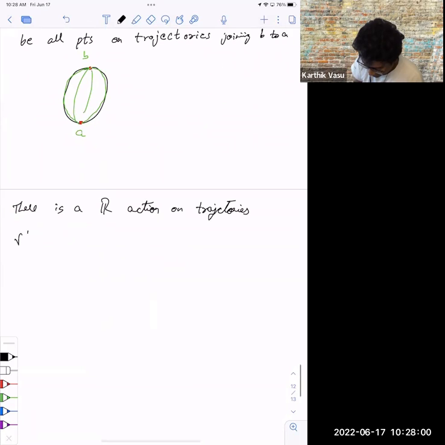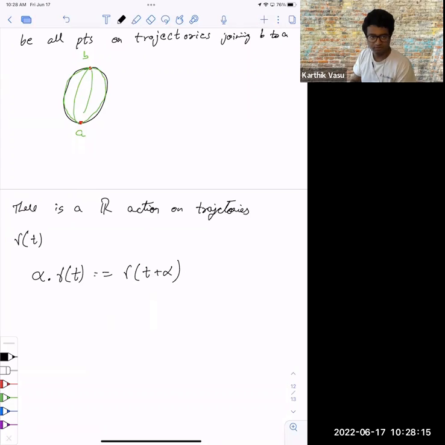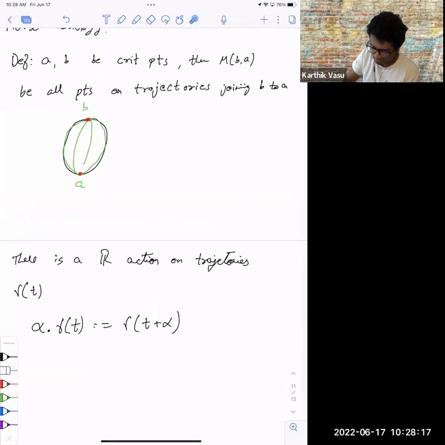If gamma was a trajectory, I can define an R action by saying, take alpha dot gamma of t to be gamma of t plus alpha. Basically, if you had any trajectory starting at this point, I will just say start at this point and take the same trajectory. So what this is doing is just taking a point here and translating along the trajectory.